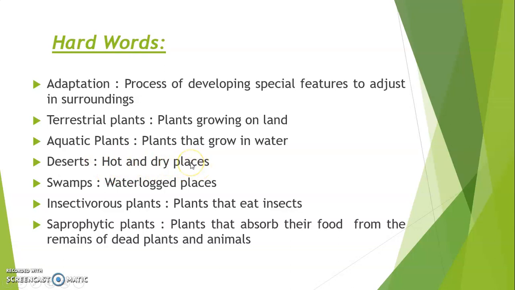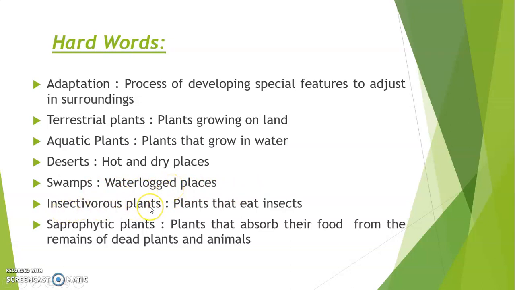So hot and dry places are deserts. Cactus plants grow in this area. Swamp: water-logged or marshy places are called swamps or marshy regions. So mangrove plants grow in the marshy regions.